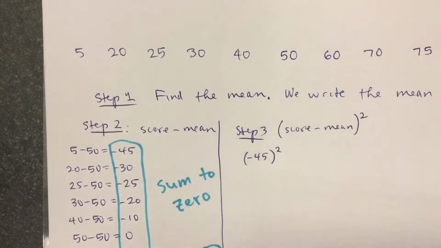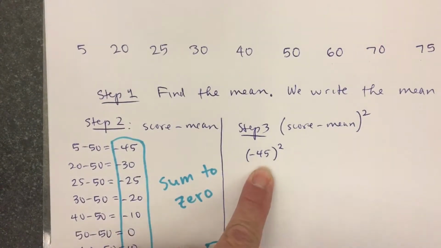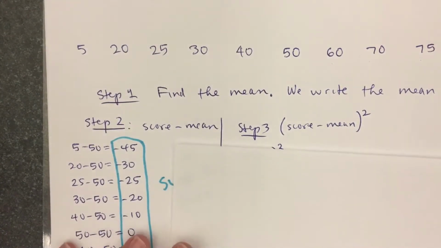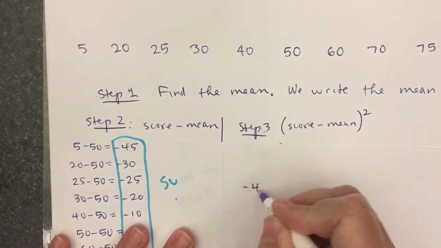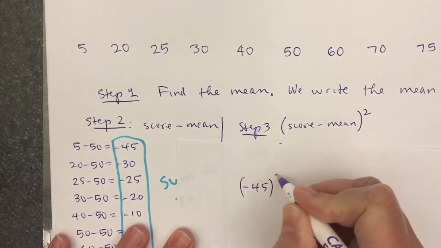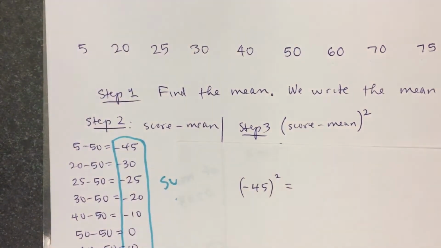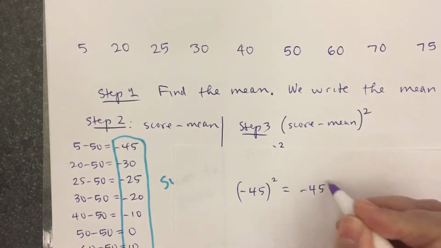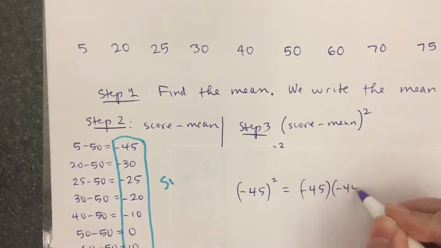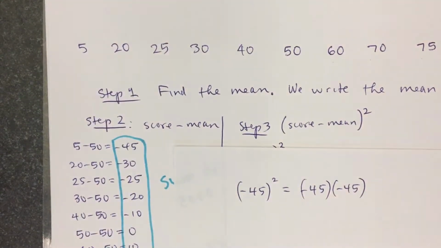You have to be careful somewhat on your calculator for this, because if I type in -45 in parentheses squared, well, that's -45 times -45. And a negative times a negative is going to be what kind of a number? A positive.